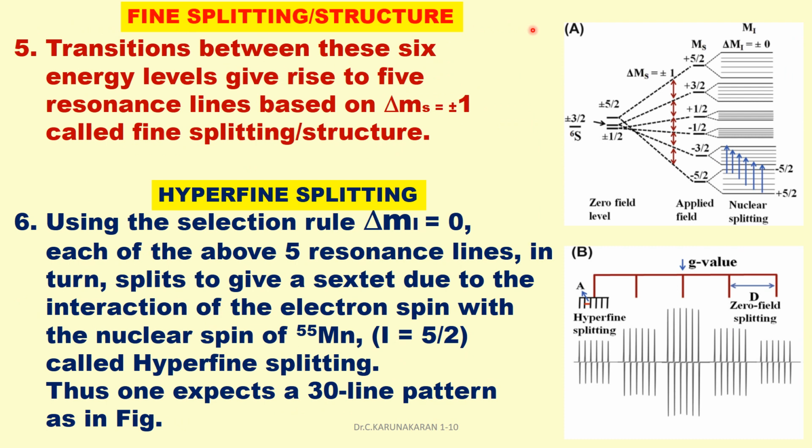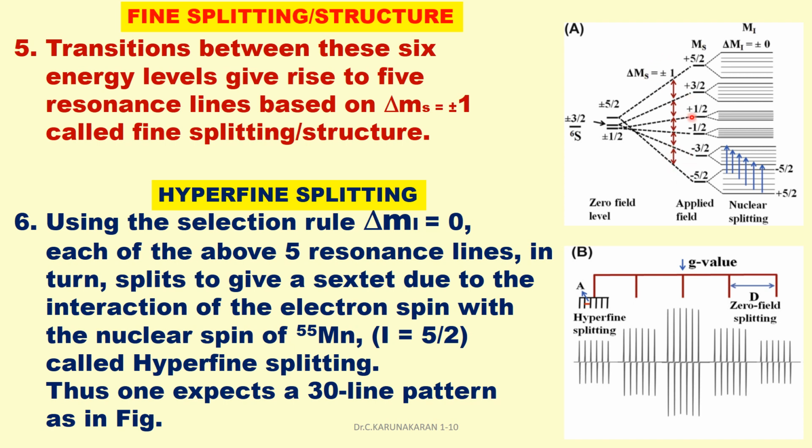What is fine splitting? Fine structure or fine splitting refers to the transitions between these 6 energy levels, which give rise to 5 resonance lines based on the delta Ms equal to plus or minus 1 selection rule.